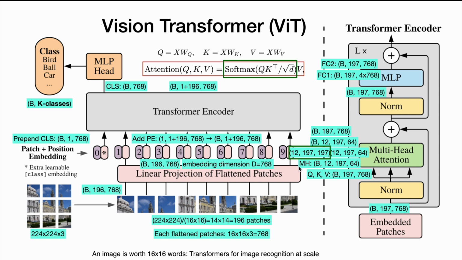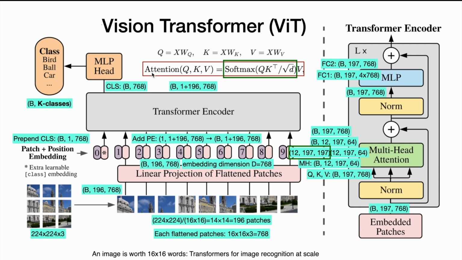Then for multi-head attention, we partition the feature space. The feature space has a dimension of 768. We partition this feature space into 12 subsets. Each set contains 64 features. Then we come to the attention calculation.